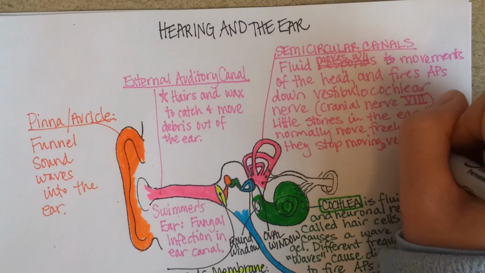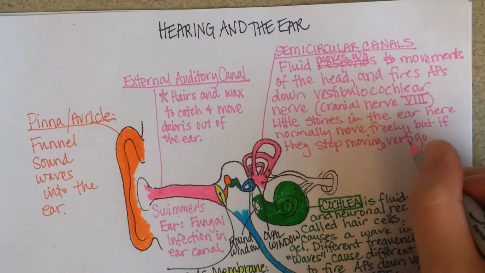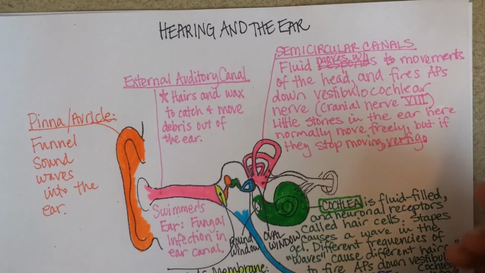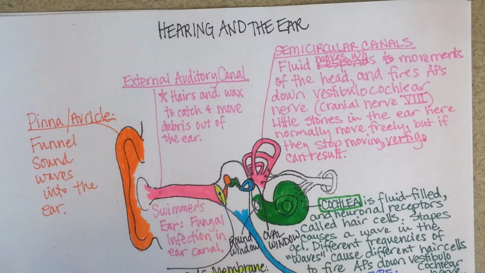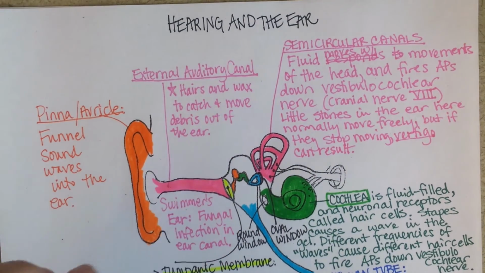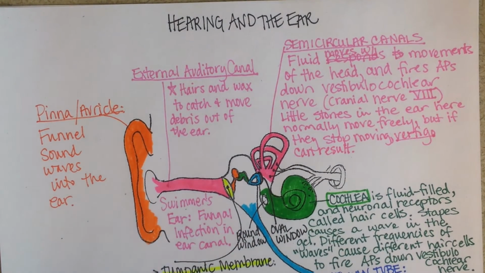So sometimes people have stones in their ears and they can get vertigo, which is a sense of dizziness or spinning. And sometimes they'll treat that with ultrasound, ultrasound aimed at the semicircular canals that can break up those stones that have stopped moving.